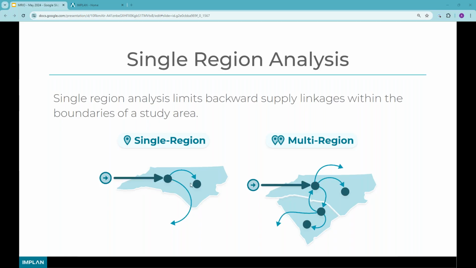We know that some of our workers are going to live in the state, and we're going to model the effects from that. However, we know that we might have to source some of those goods and services from outside of the state of North Carolina. Some of the workers might live outside of the state of North Carolina. In a single region analysis, once those dollars leave, they never flow back in. Those dollars are gone, they are removed from the analysis. It's a leakage.